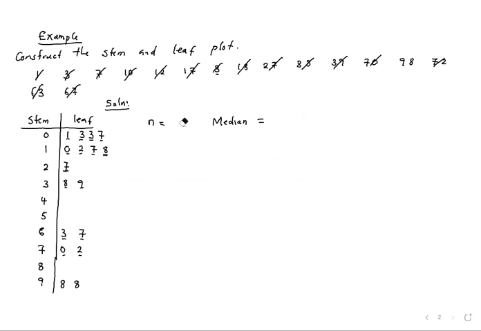So n now has become 17. For the median, you say n plus 1 over 2, which is 17 plus 1 over 2. This is 18 over 2, which is equal to 9. So you have the ninth position. You count 1, 2, 3, 4, 5, 6, 7, 8, 9. So now the median is 27.